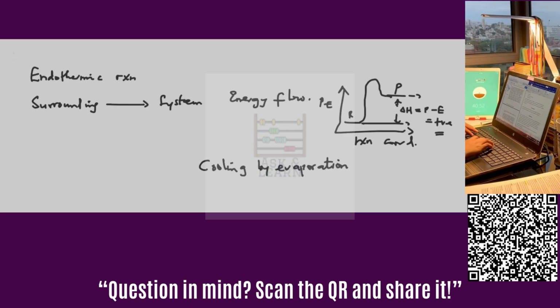And this is very related to a system called cooling by evaporation, another concept in physics. So if you want to understand more how absorption of thermal energy leads to a decrease in temperature of a system, then you need to understand the concept of cooling by evaporation.